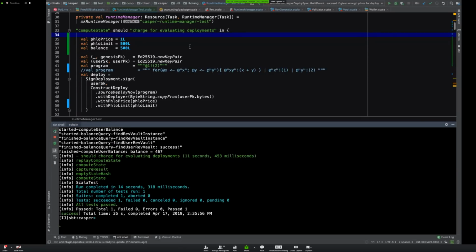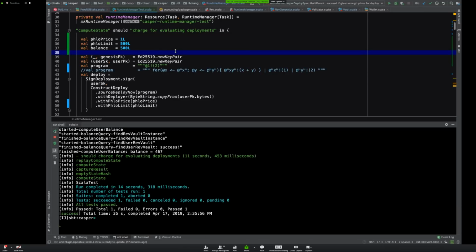So there's still a question of what happens to a program if the program runs out of flow, or if the program throws any sort of error for that matter. In that case, we still want to enforce rate limiting.